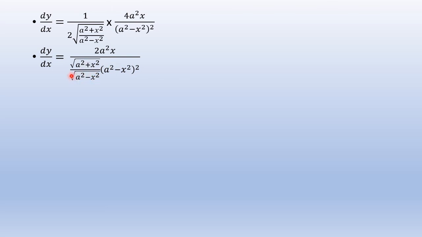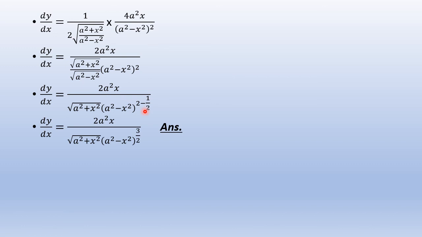This radical will come up as power minus 1/2, and 2 minus 1/2 is 3/2. So you can write the result. The derivative dy/dx is equal to 2a²x divided by √(a² + x²) into (a² − x²) to the power 3/2. And that is the required derivative.